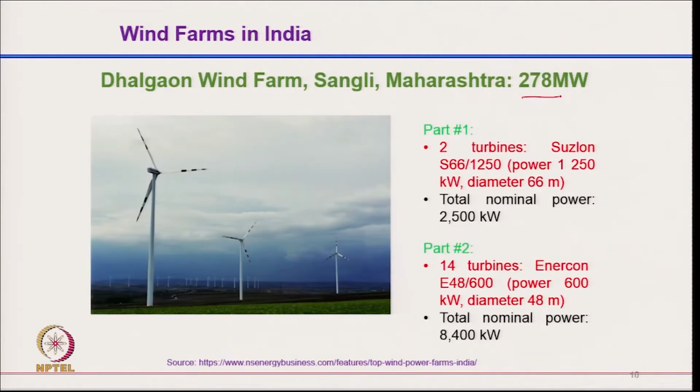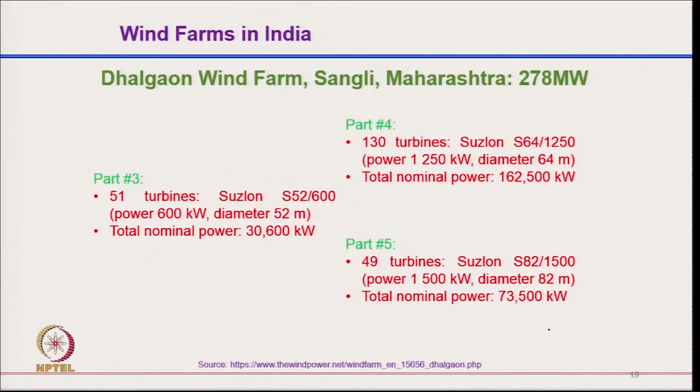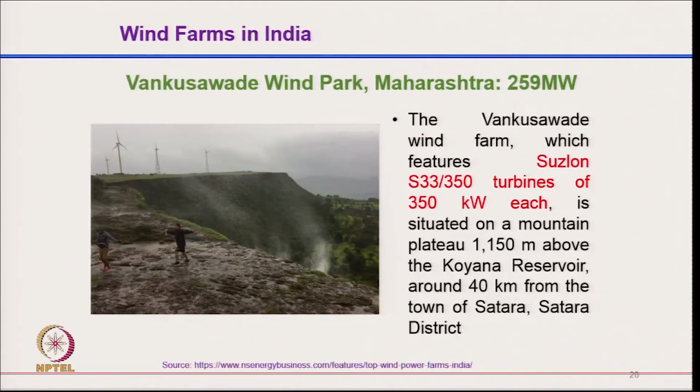Then another is 278 megawatt in Maharashtra, with Suzlon and Enercon machines. Enercon of course uses the conventional synchronous generator, and they have different parts with generators of different ratings.